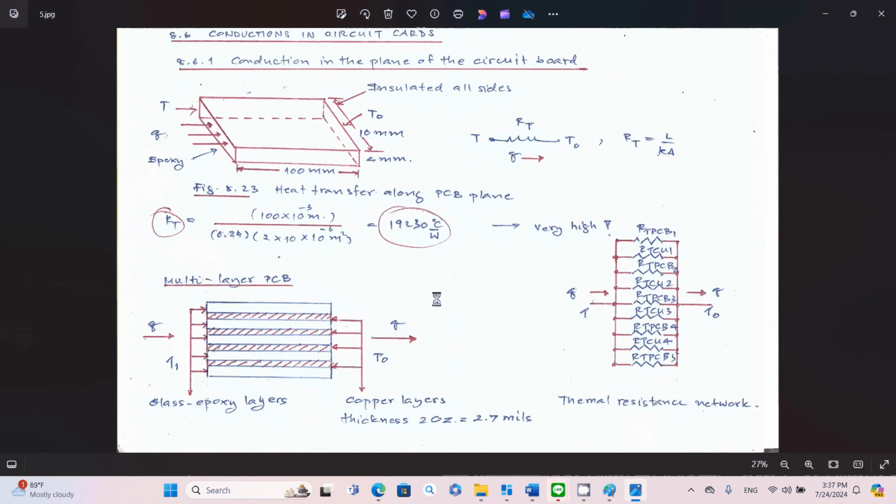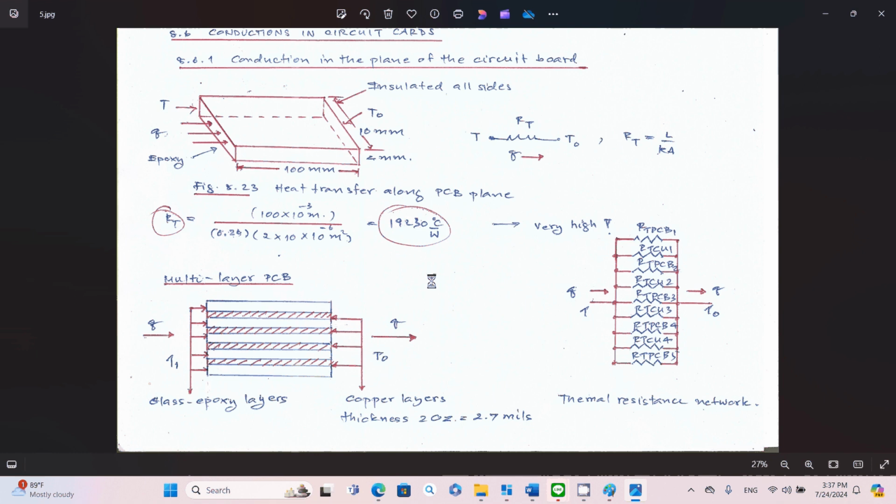Now let's move to our multi-layer PCB. In this case, you have many layers of PCB sandwiched with copper planes. Here you have 5 PCB layers sandwiched with 4 copper layers. This is the multi-layer PCB.